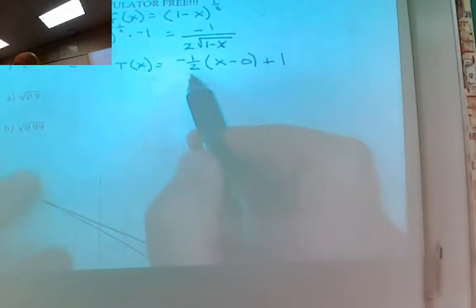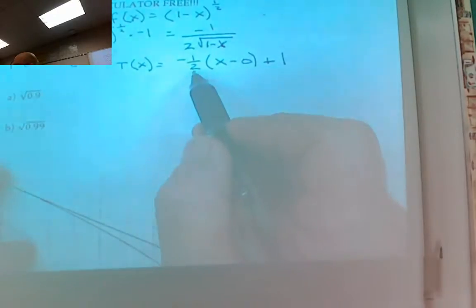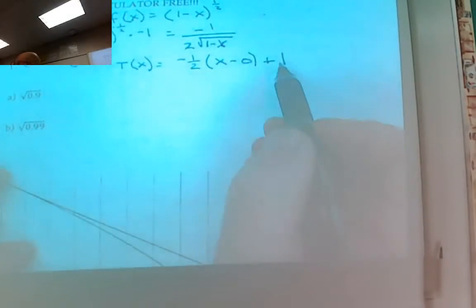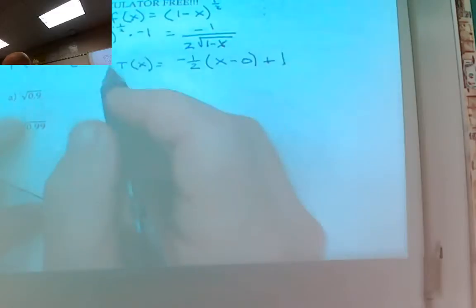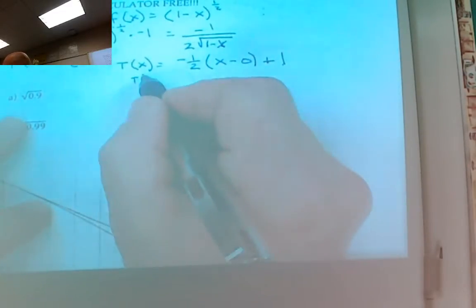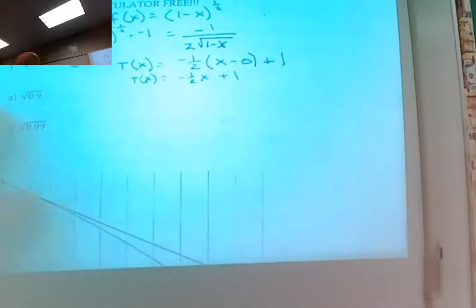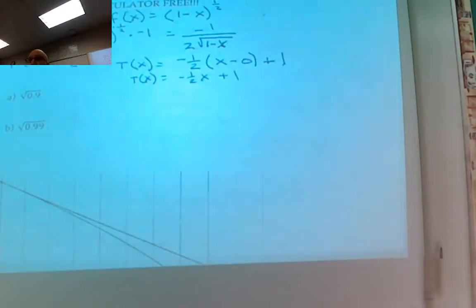Any questions of where those numbers came from? This is f prime of 0. This is c. This is f of 0. And you could write this. That's the same thing, correct?